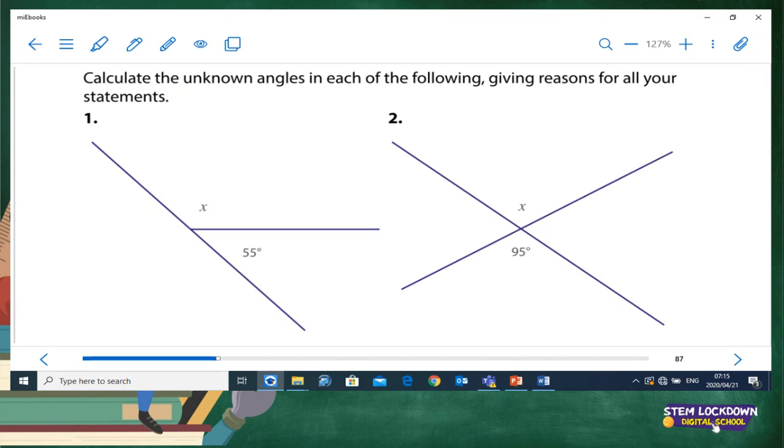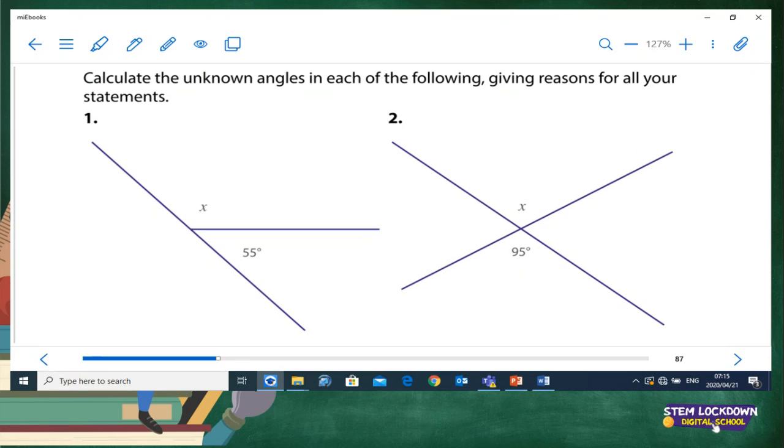These two angles should give you 180 degrees. What will the value of X be in this instance, where you need to find X?